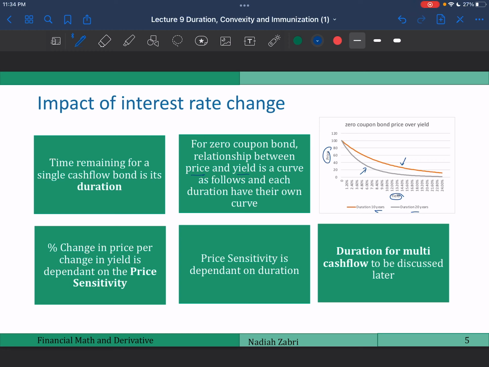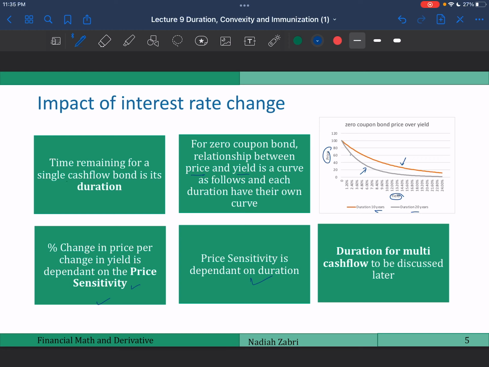So you can see the curve, the slope is a lot steeper for the grey one. So we can say that the price is more price sensitive for the higher duration. So here we can see price change, percentage change in price per change in yield is dependent on the price sensitivity, and this price sensitivity is dependent on the duration.